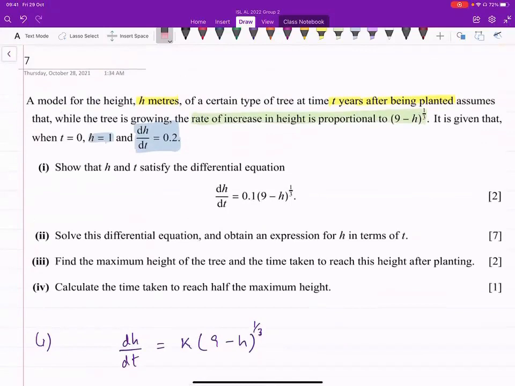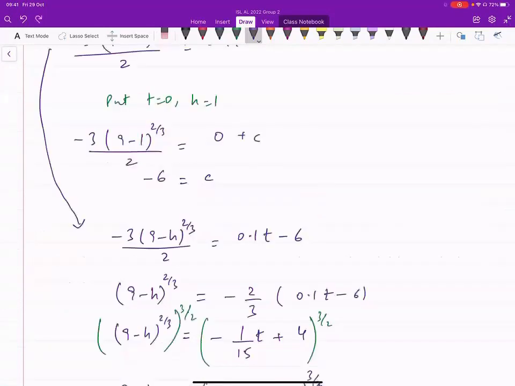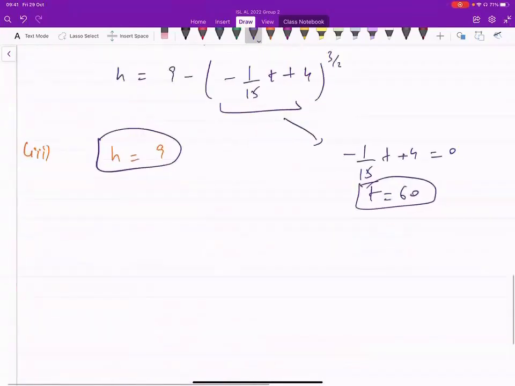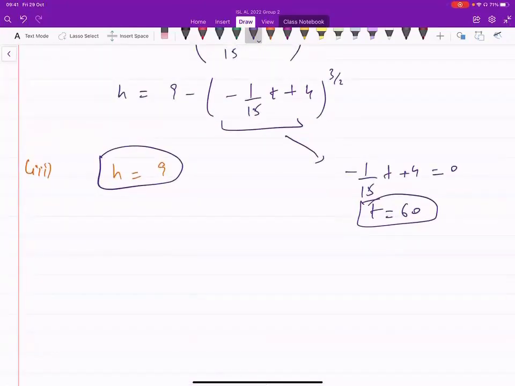अच्छा, दूसरे तरीके से क्या हो सकता था? इसका दूसरा तरीका क्या हो सकता था? इसके डेरिवेटिव को इक्वल टू 0 इनपुट करते, उससे हमारे पास क्या आया था? dh/dt को हम 0 के इक्वल इनपुट करते, उससे हमारे पास टर्निंग पॉइंट आया था, which would be 9 minus h equals 0, and that would give you h equals 9. h equals 9 फिर आप जाके यहां पे इनपुट कर सकते थे, इसके अंदर इनपुट कर देते.